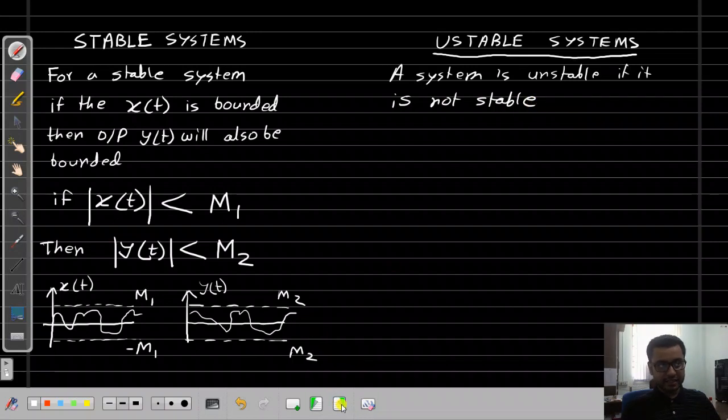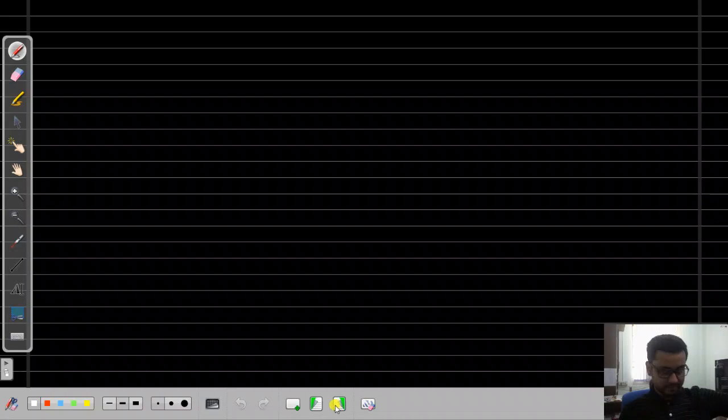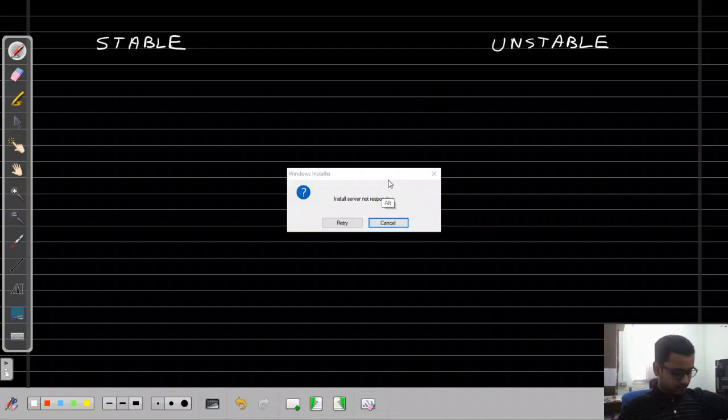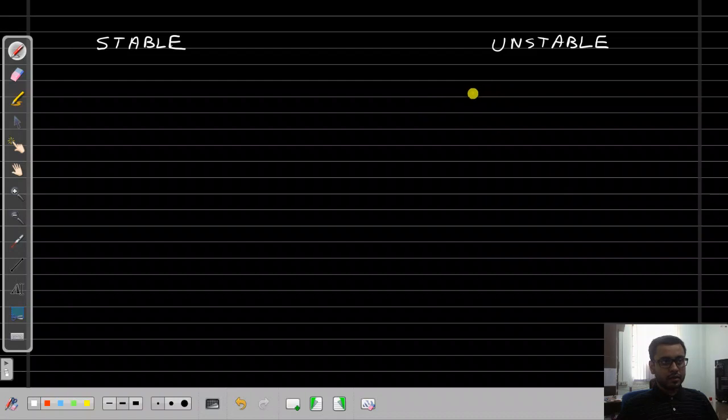Let us understand this with examples. Suppose I have a system, call it y of t, the output, which is given as the integration of the input x of tau d tau from time minus infinity to time t.